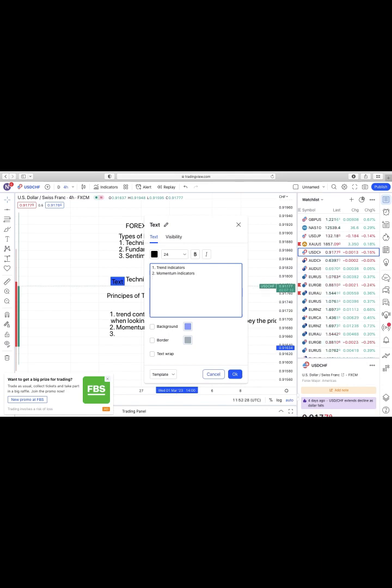The next category is the volatility indicators. Volatility, we will be talking about everything here.